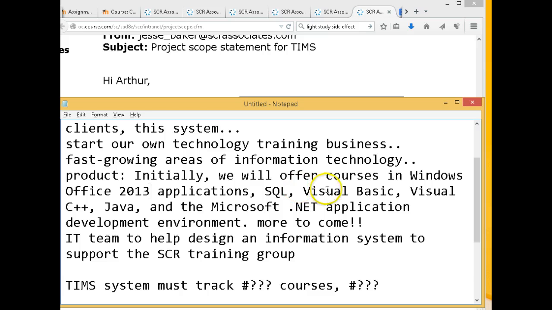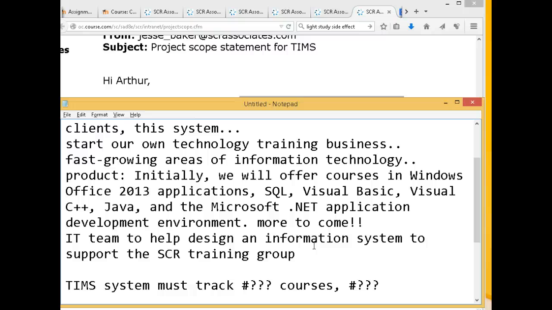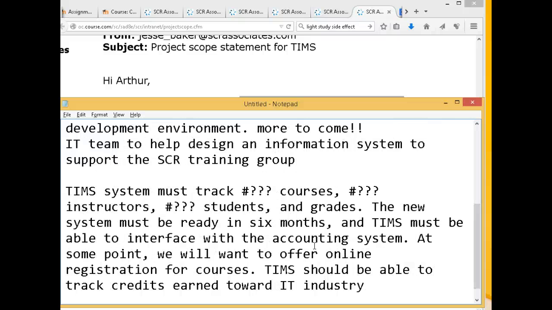Visual Basic is still around, C++, Java, .NET, that's still around. Current technology, we'll be offering more. HTML5, Windows Azure, keep getting calls about that.